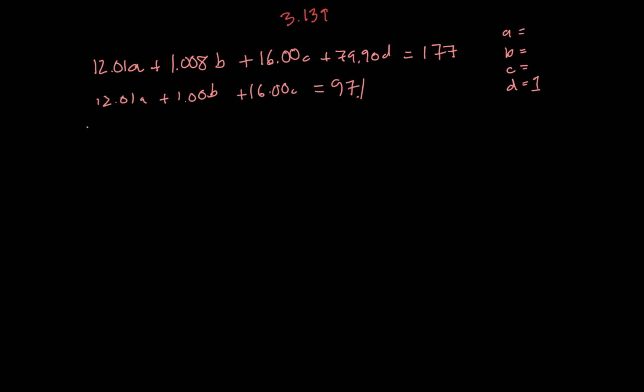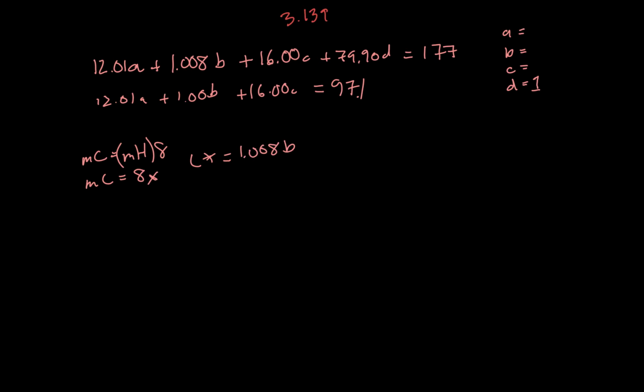Again, that's 1 times this subtracted from this. Okay, so next we're going to use that carbon and hydrogen relationship. If you recall, that said that the mass of the carbon was equal to 8 times the mass of hydrogen. So we can write carbon in terms of hydrogens like that. It's 8x, where x equals this here.